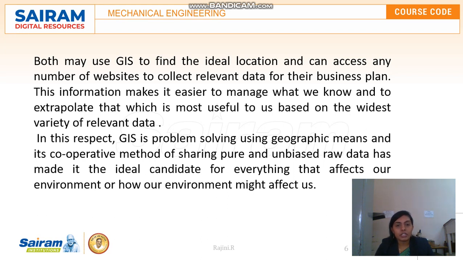For example, if you are considering any construction in a river catchment area, we definitely have to use remote sensing or a GIS system for measuring the river and constructing any bridge across it. We definitely can't measure it so easily, so accurately we can use a GIS system or remote sensing methods, and also the length of the bridge, how much length and what is the height of the bridge. These things we can easily calculate.